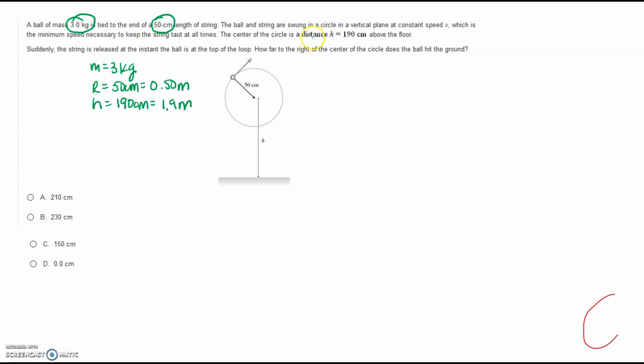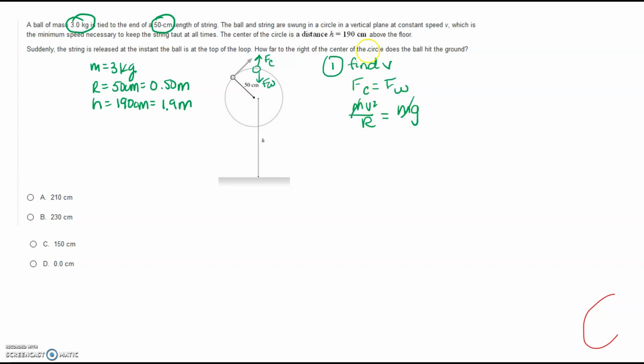So the first thing I did was the first thing I did at the last problem, which is to find V. So at the top, I know that the force of weight is equal to the centripetal force. So I'm going to go ahead and do that again. You've seen this at least once for the other problem, but hopefully more than that.